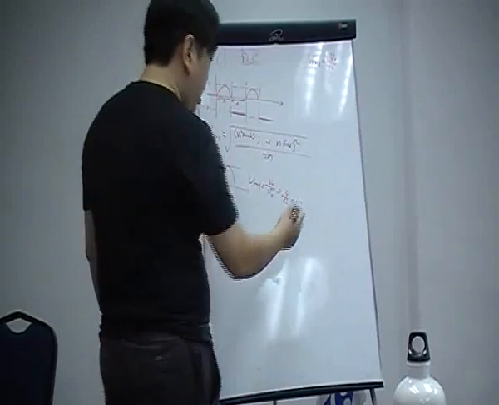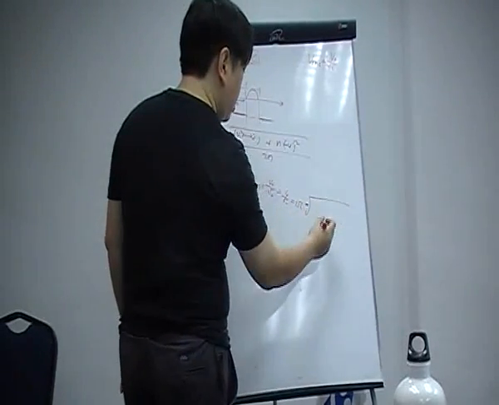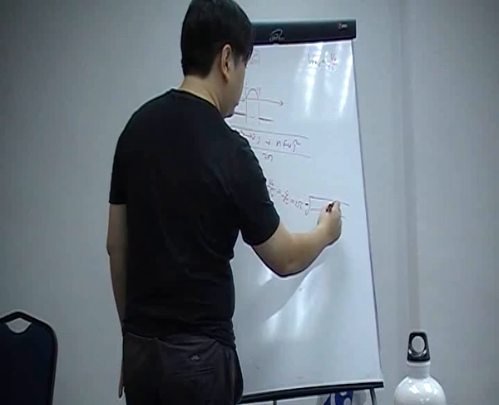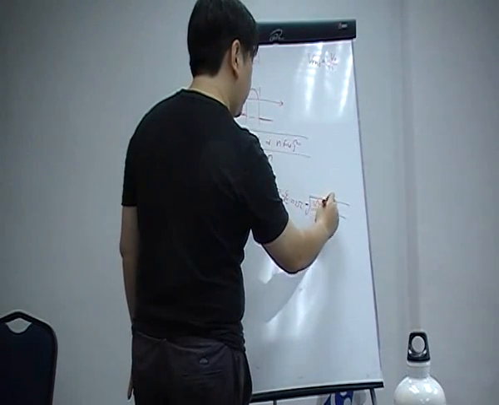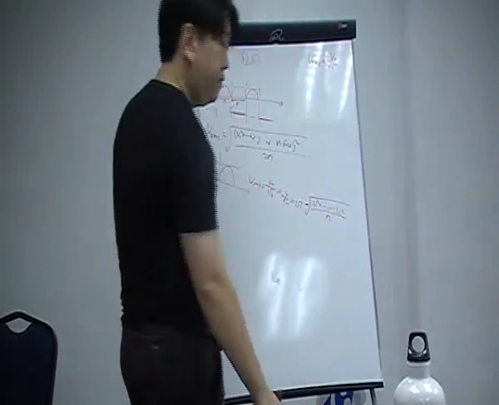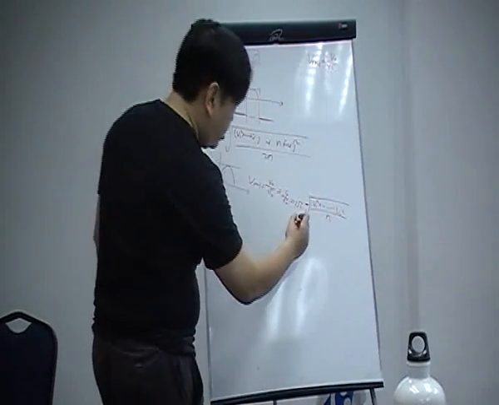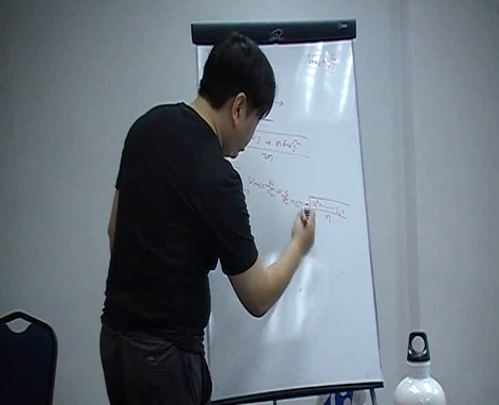This arc equals its own RMS, and since there are n points here, it's V1 square plus all the way to Vn square. So you can rewrite this equation.